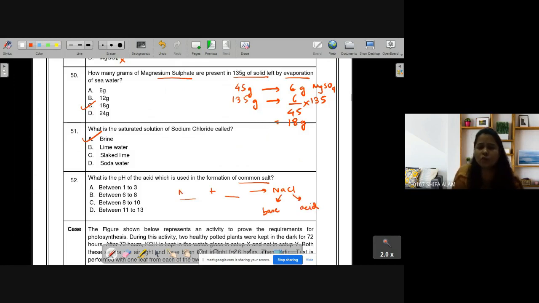So the base would be NaOH and the acid would be HCl. So we need to find out what would be the corresponding pH of this acid. 1 to 3, yes, it could be. 6 to 8, no, because otherwise it would not be that acidic. 8 to 10 happens to be a base and 11 to 13 is also a base. So the correct option is A because the pH of HCl lies in that range.